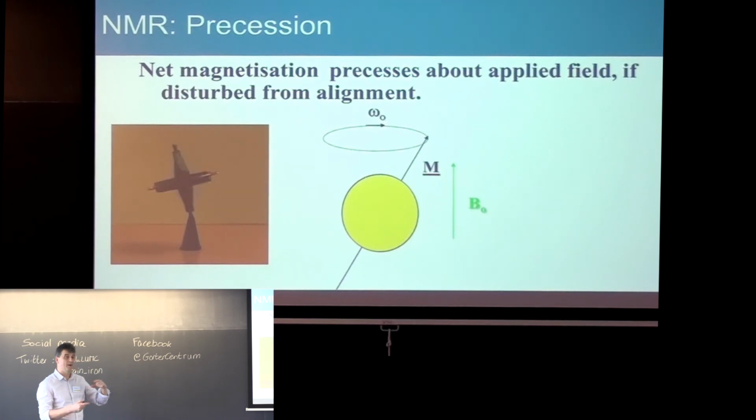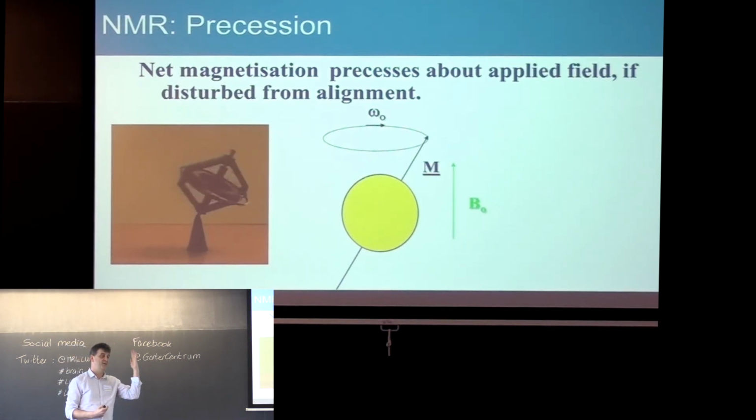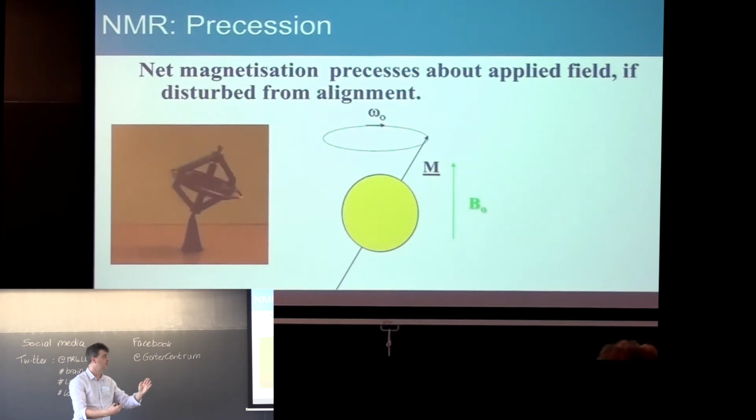A gyroscope has intrinsic angular momentum. You set the middle part rotating. If you stand it on a stand, it experiences a torque, which tries to make it fall over. But it can't do that because it has to preserve its angular momentum. Angular momentum is conserved, and it can only do that by precessing around the direction of gravity.